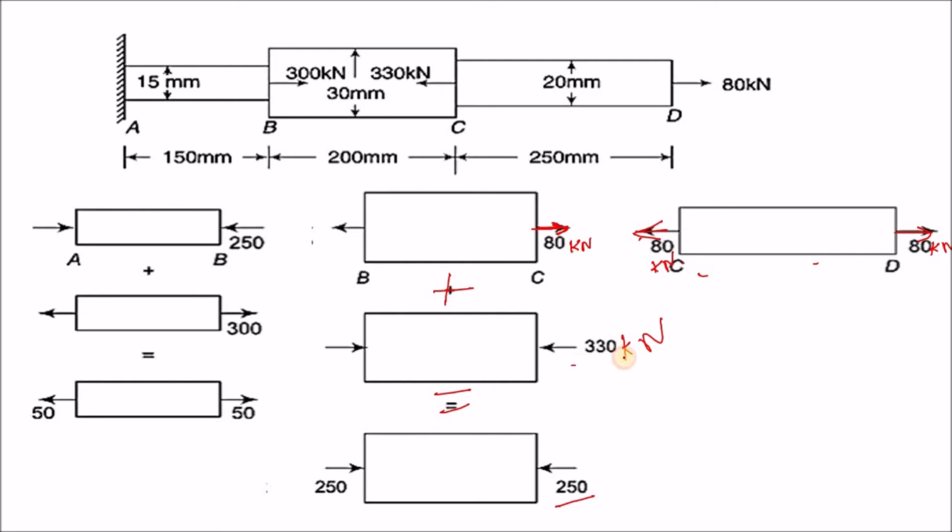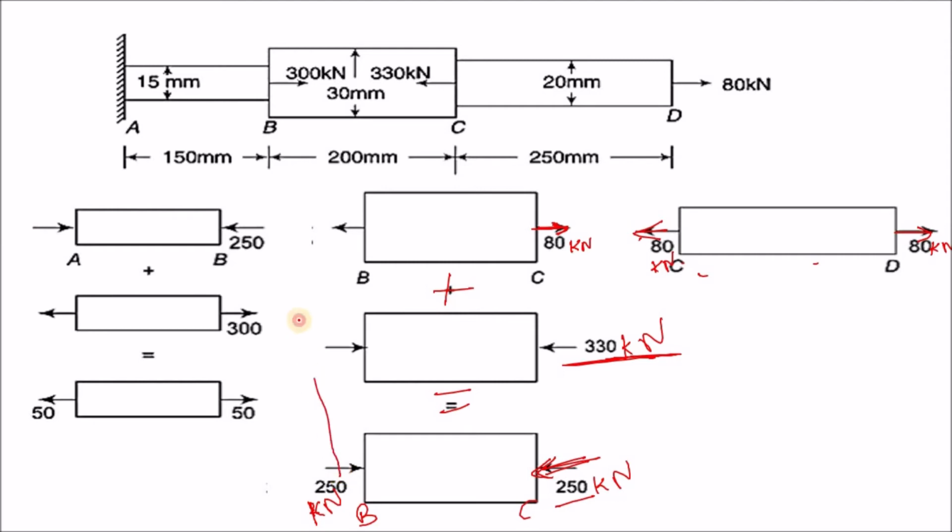The direction should be the direction of the higher load, so this direction will be the direction of the higher one. Up to here clear? So to make equilibrium of segment BC, we should apply 250 kilonewton here.